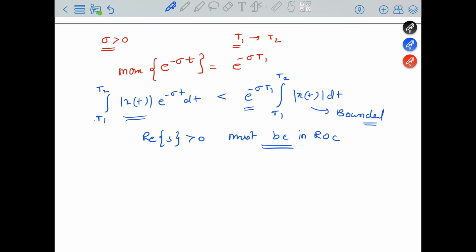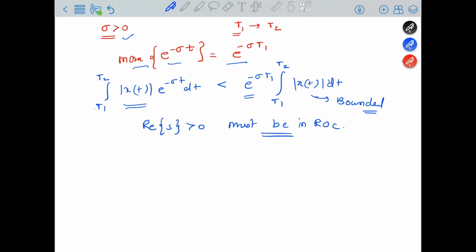So we have taken sigma greater than 0, then we have seen that the maximum value of this will be attained by e raised to the power minus sigma t1, and for our integral all the values will be less than this value, and this itself is bounded, so this integral will also be bounded if sigma is greater than 0. So we can say that real part of s greater than 0 must also be in the ROC.